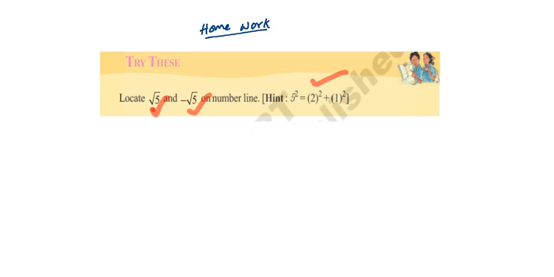That means you draw a number line. On that you put as usual without any change, like 0, 1, 2. You may extend if you need, 3.